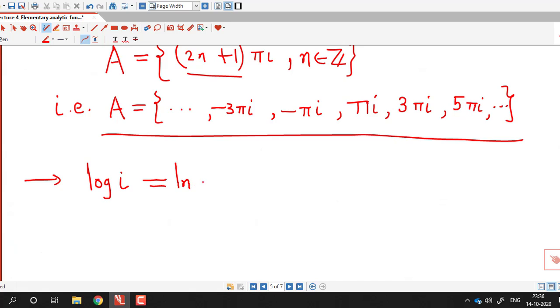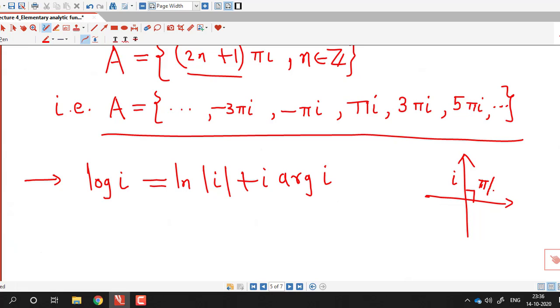So this is, by definition, log of absolute value of I plus I into argument of I. I is on the positive y-axis, so this angle is going to be pi by 2. So the argument is pi by 2, and the absolute value of I is 1.